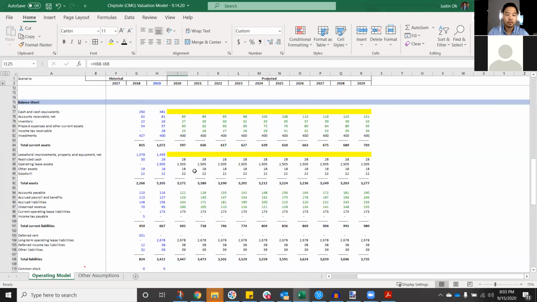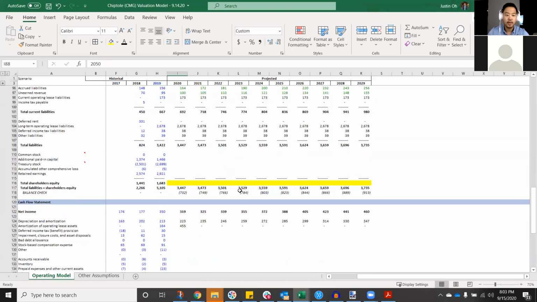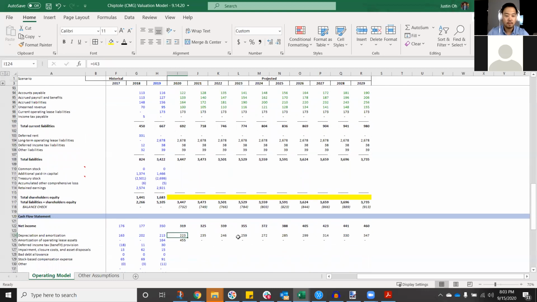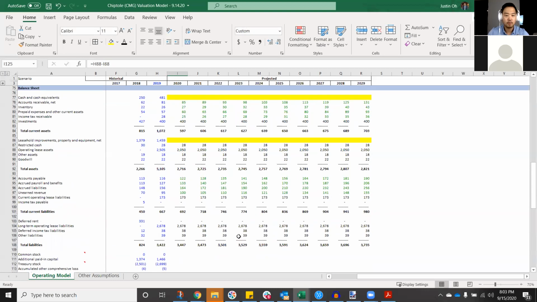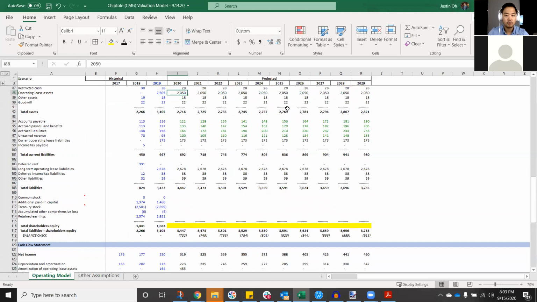If for some reason we said this was going to go down like 500, to 2050, then, okay, maybe I did that wrong. Yeah, no, I did that right.